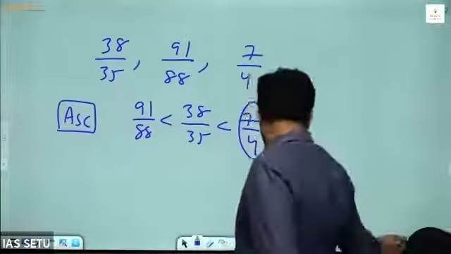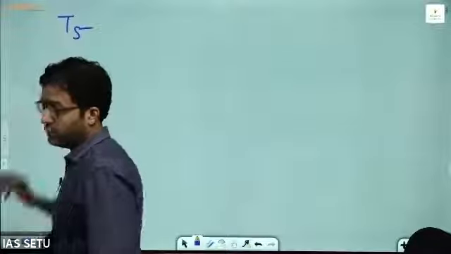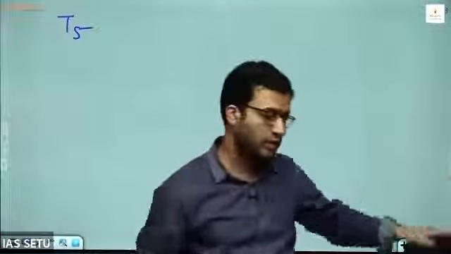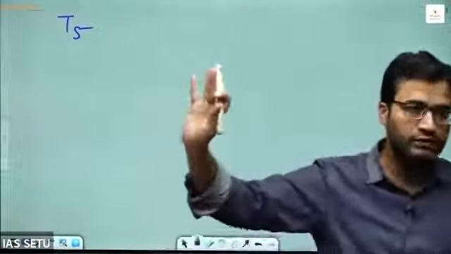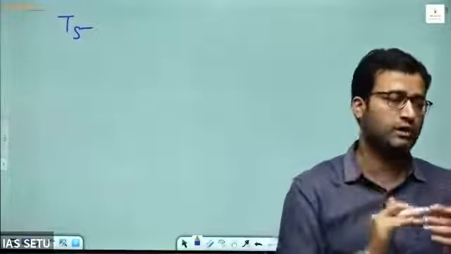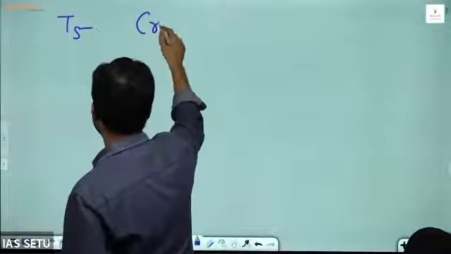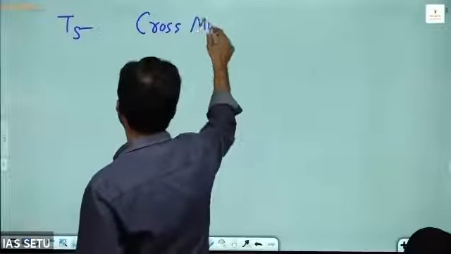Next is type 5. Neither numerator constant nor denominator constant. Even the difference between numerator and denominator is also not constant. कोई भी constant ना है. And what is type 5? Cross multiplication. इसका नाम है cross multiplication.